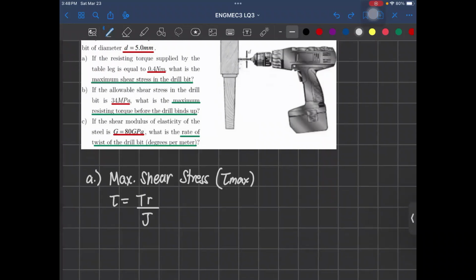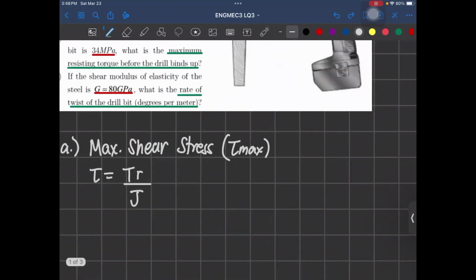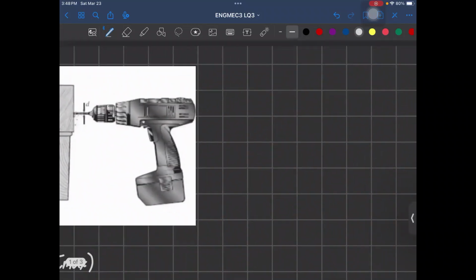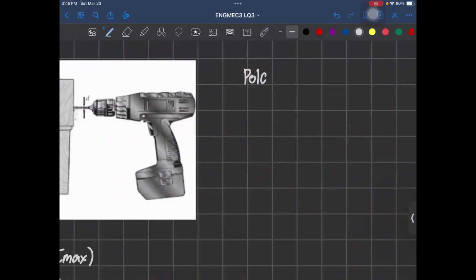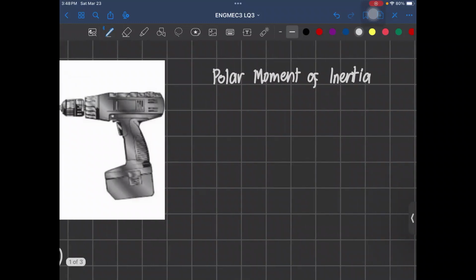So let's try to simplify the equation first. This is equal to T times D over 2 all over J, and J is the polar moment of inertia. For a circular shaft, J is equal to pi over 32 D to the fourth.